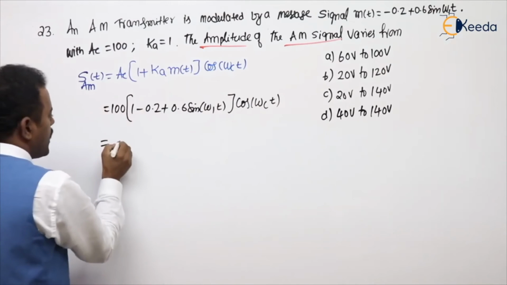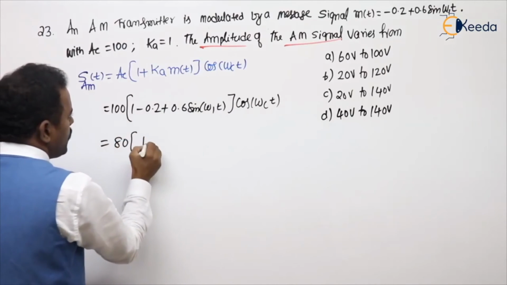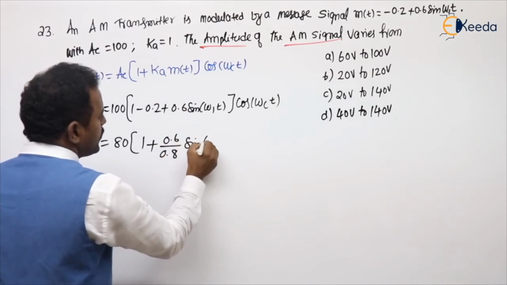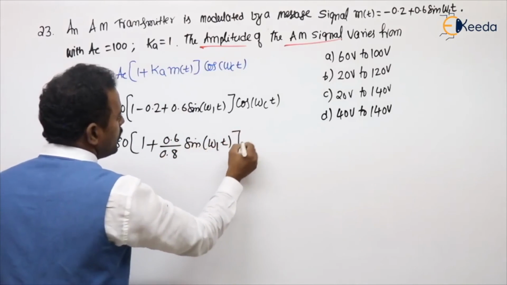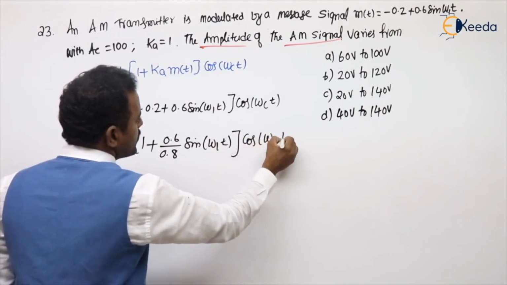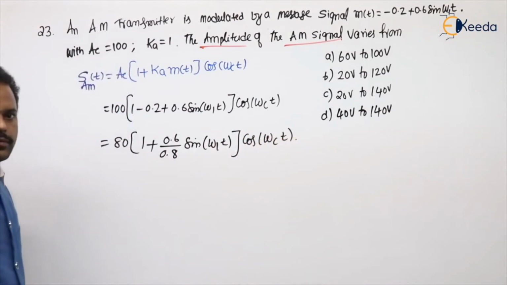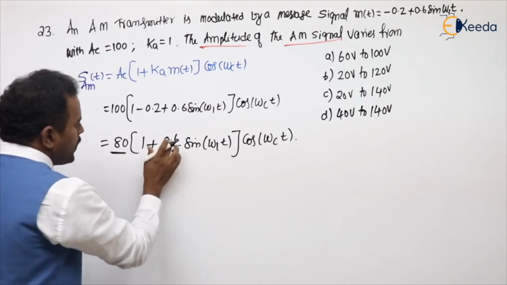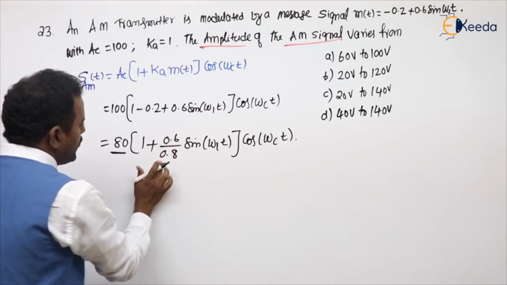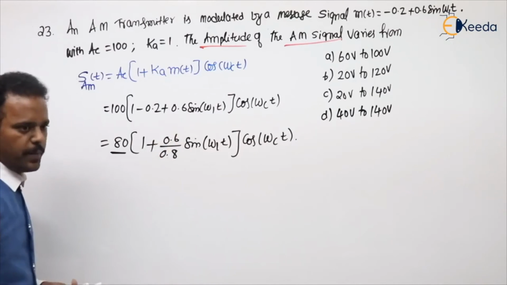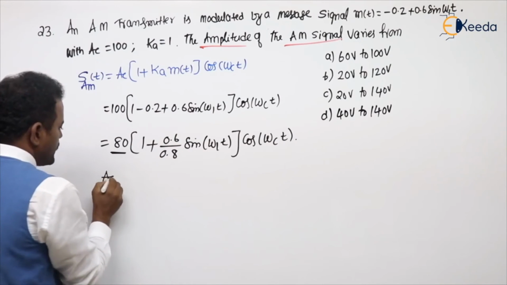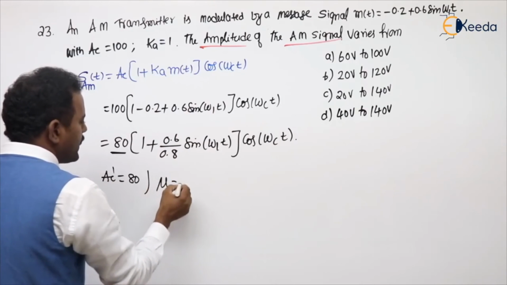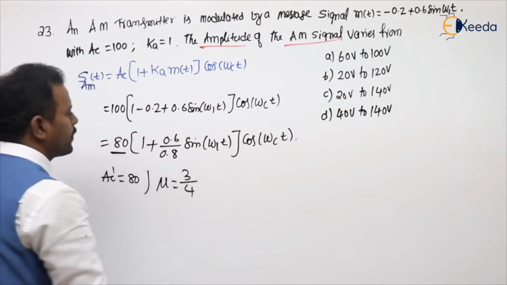Take 0.8 common, so 80 into 1 plus 0.6 by 0.8 into sin omega 1t into cos omega ct. So what is the new value of AC we got? It is 80, and what is the modulation index? 6 by 8, 2 3s are 6, 2 4s are 8. So the new value of AC, that is AC dash, you can take 80, and mu value will be 3 by 4.